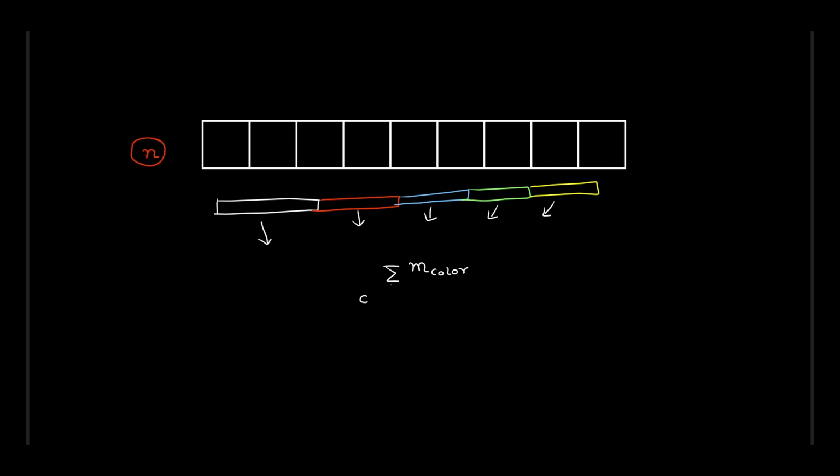Now you can see that there will be only a total of 5 terms because k is equal to 5 regardless of what n is. Now if I give you an array and I tell you that you have to split it into certain blocks and then take the maxima of each block, you will realize that whatever maxima you take, it should belong to the block, and not just that, it should also belong to the original array.